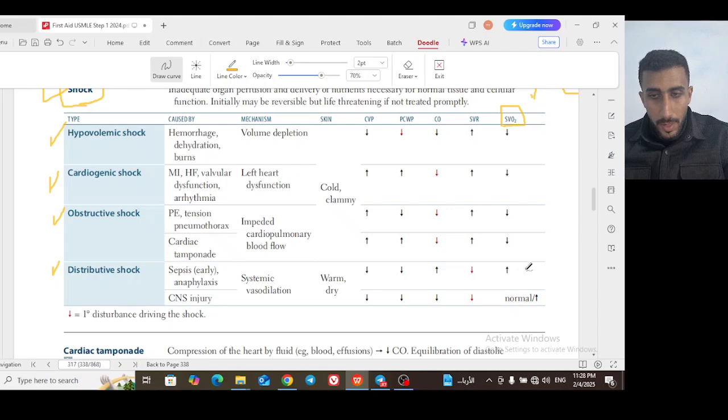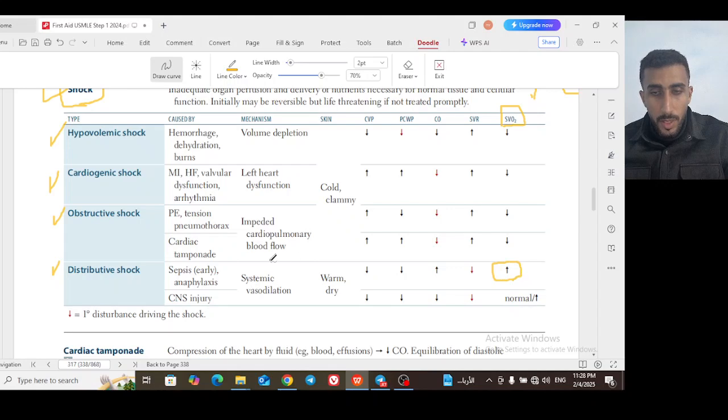This is due to mitochondrial toxicity in sepsis or anaphylaxis. There may be mitochondrial toxicity, so the tissues are not going to extract oxygen well, and you will have an increase in the saturation of venous oxygen from the central line.